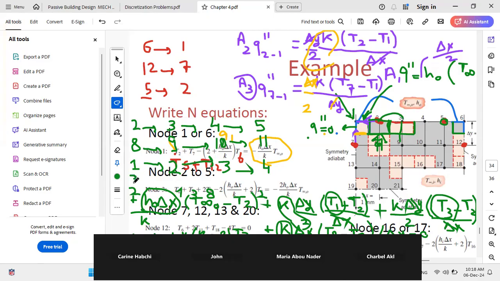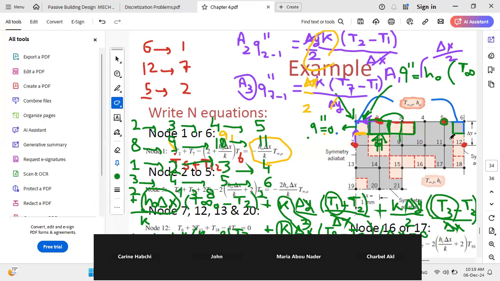So 3 will be equivalent to 4 for node 3, to 5 for node 4, and to 6 for node 5. So now I can deduce the equation for all other cells.